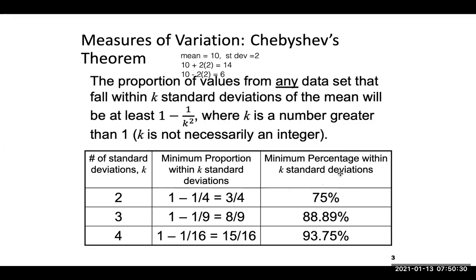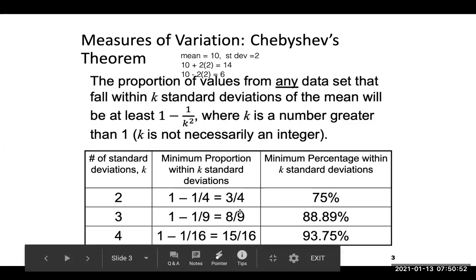So if I had 100 pieces of data, at least 75 pieces of data, or 75% of the data, is between 6 and 14.